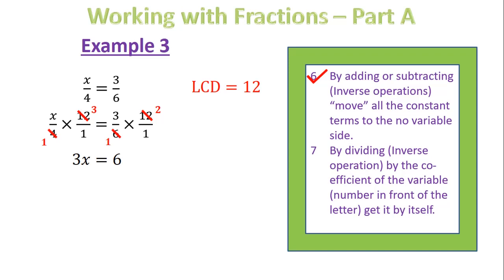It's 3, and so I divide both sides by 3. On the left-hand side, I have 3x divided by 3, which just gives me x, and that equals 6 divided by 3, which is 2. Step 7 done, and that means that my answer is x equals 2.